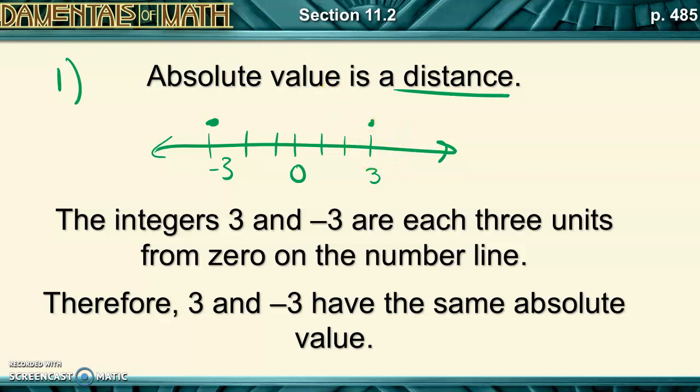They're both 3 units away. From here to there is 3 units, and from here to there, 1, 2, 3 units. They have the same distance from 0 on the number line, therefore they have the same absolute value. So that's one helpful way to look at this.